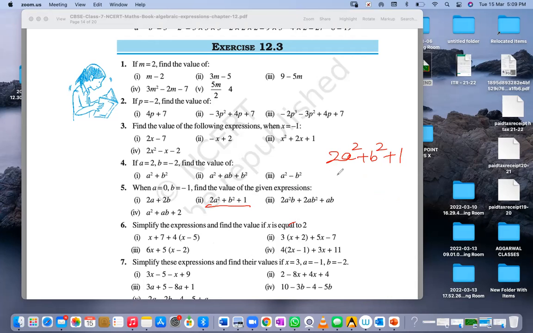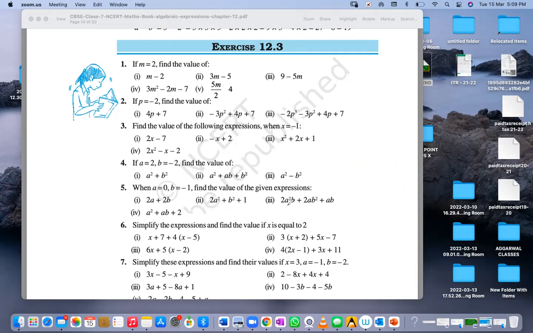How will you replace? 2 times 0 square, minus 1 square, plus 0 plus 1. So the answer is 0 plus 1, 1, and one more plus 1, so 2. One more 1 is there.